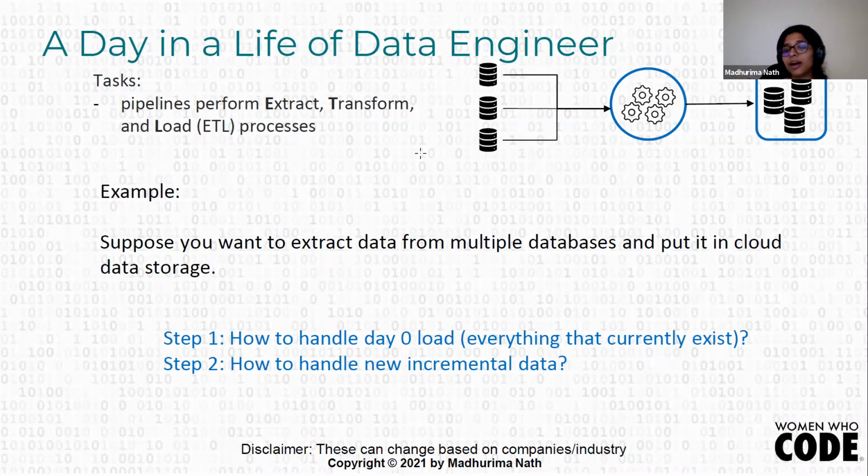But how do I handle everything that I have collected for the last 5 years? That is the first partition that happens for a data engineer, because once you have set up the whole system, you can figure out how to do the newer version, because new data is going to be much smaller than the last 5 years, 10 years of data.